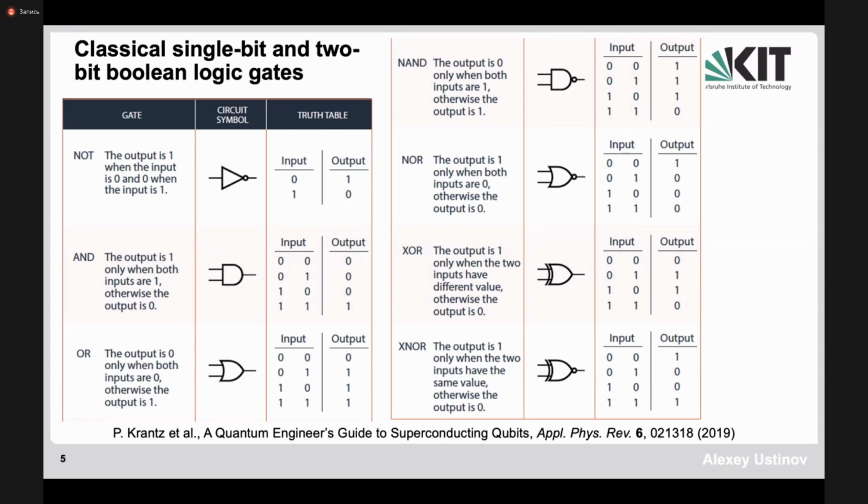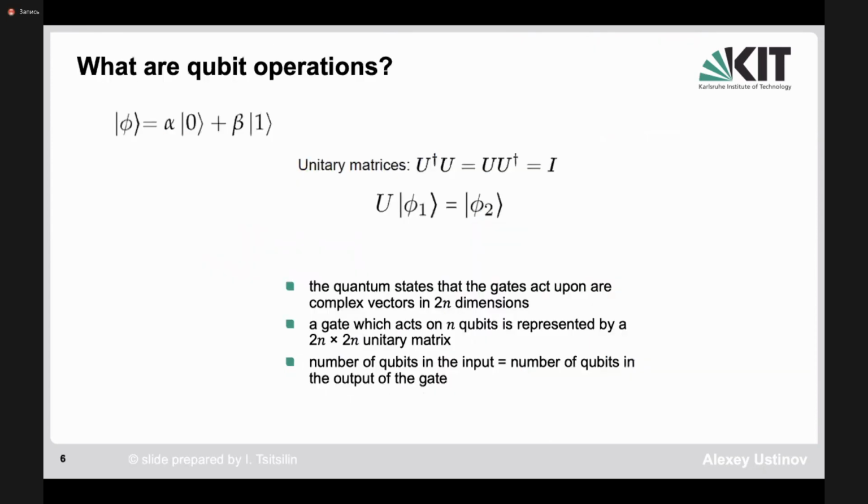In this case you apply two inputs to the gate and you get a particular result according to the table shown here on the right. There are also other non-reversible, more exotic gates: NAND, NOR, XOR and so forth. All these gates exist in modern circuits operating in classical computers.